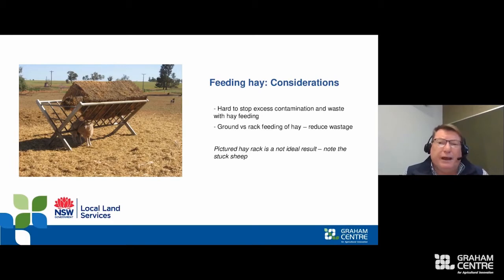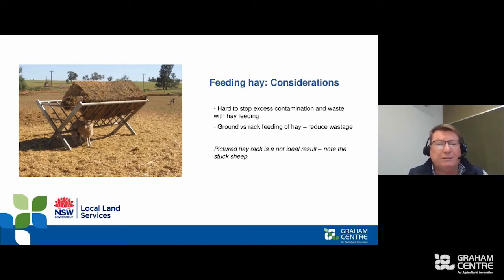Hay feeding, again, is an important consideration. In the two areas here, we talk about how hard it is to stop excess contamination and waste when feeding hay. I traditionally find that using a feeder, a cage, or something of some description does eliminate a lot of the waste. Another 10, 15%, up to probably 30% can be saved if the hay is contained within a feeder of some description, as opposed to just laying it on the ground as a large square bale, because the livestock, specifically sheep, and younger lambs, will just want to jump all over it as their playground.